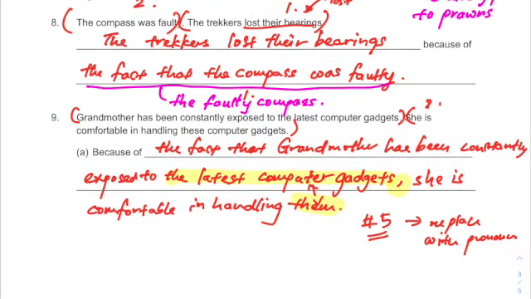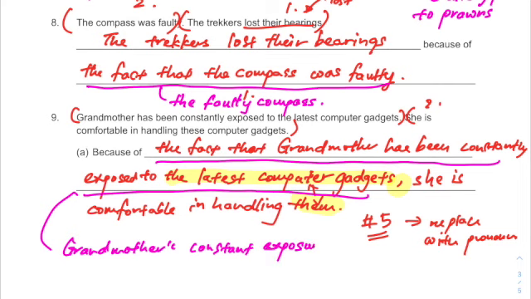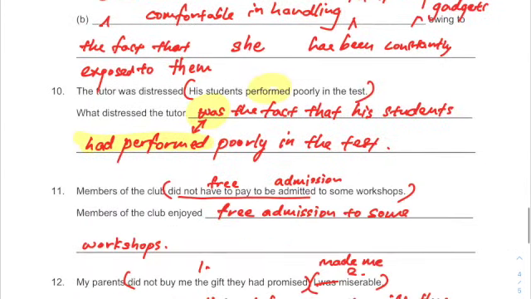And number 9, I can change this to because of grandmother's constant exposure to the latest computer gadgets. Okay, so it's constant exposure, right?